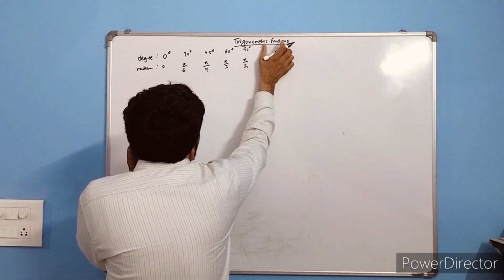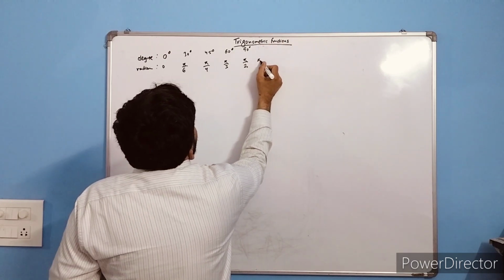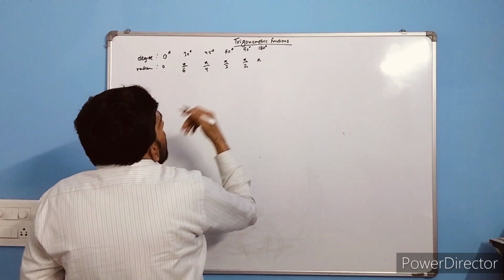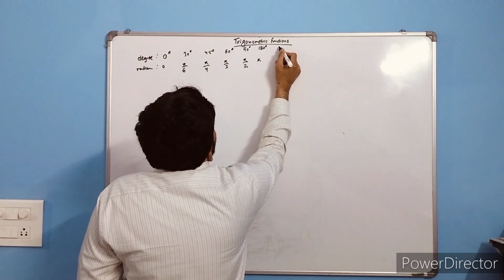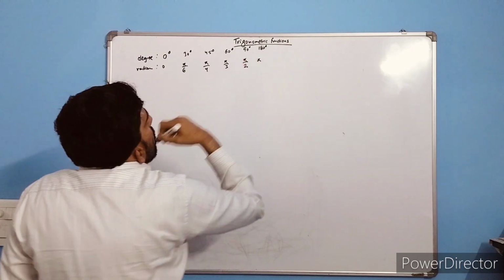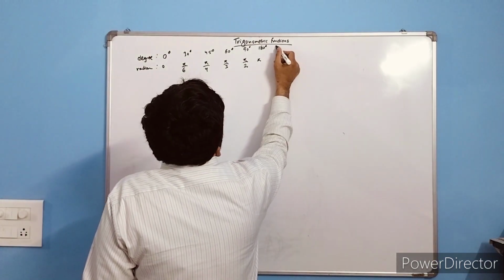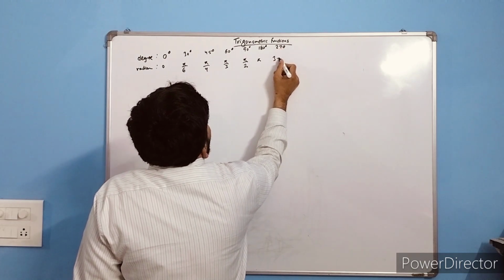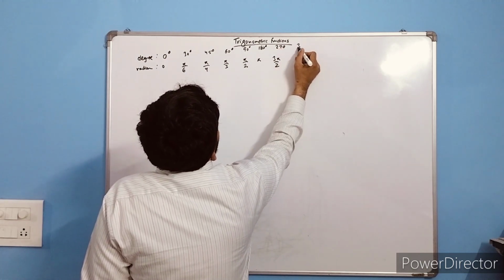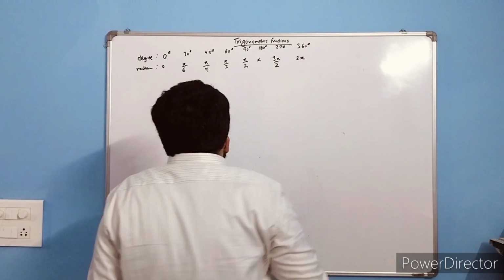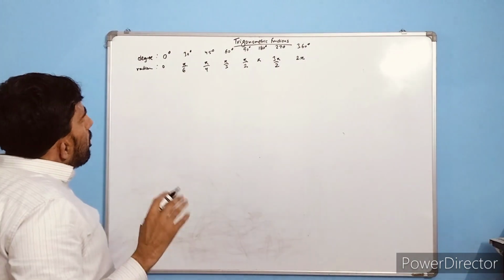So finally we can write this in radian, and more we can write in pi, that is 180. Okay, so I have written that pi is equal to 180 degree, and then after 180 degree we have 270, that is 3 pi by 2, and we have 360 degree, which is 2 pi. So now we can write these degrees in radian like this.